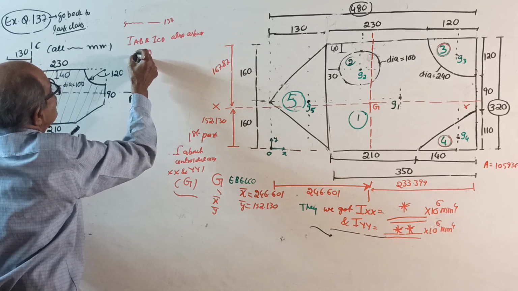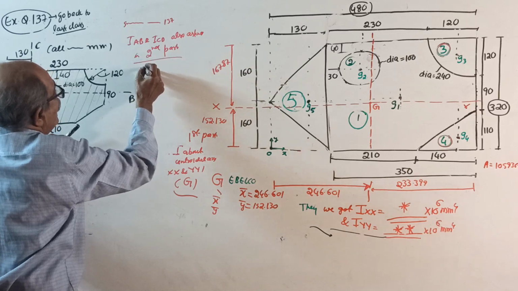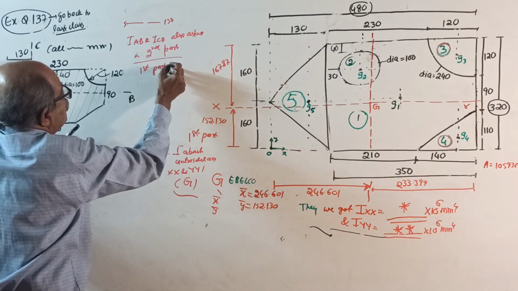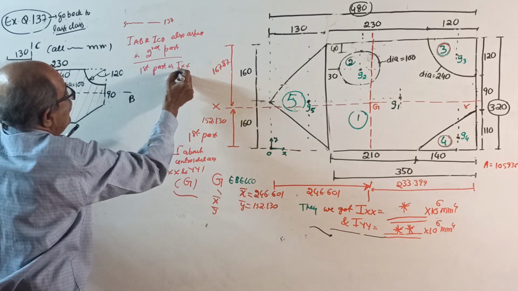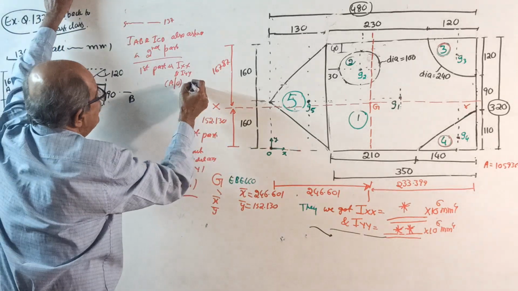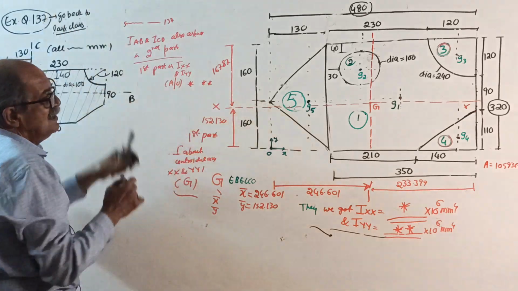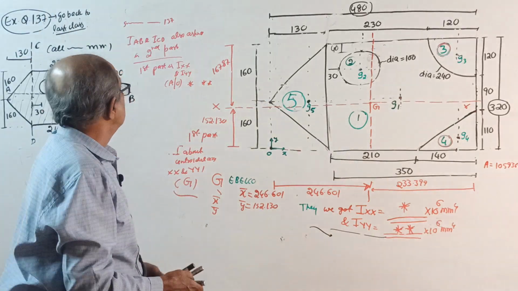That is the second part. Make a note here. First part is Ixx and Iyy, which is already over. The answer is star and double star. Ixx is star, Iyy is double star, over.